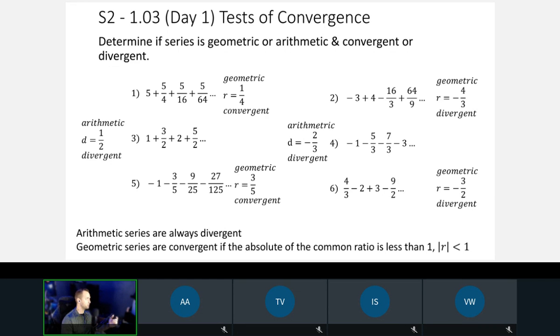Geometric, the little trick is right here. Geometric will only be convergent if the absolute value of your r value is less than 1. So that's how you determine if geometric is convergent or divergent.